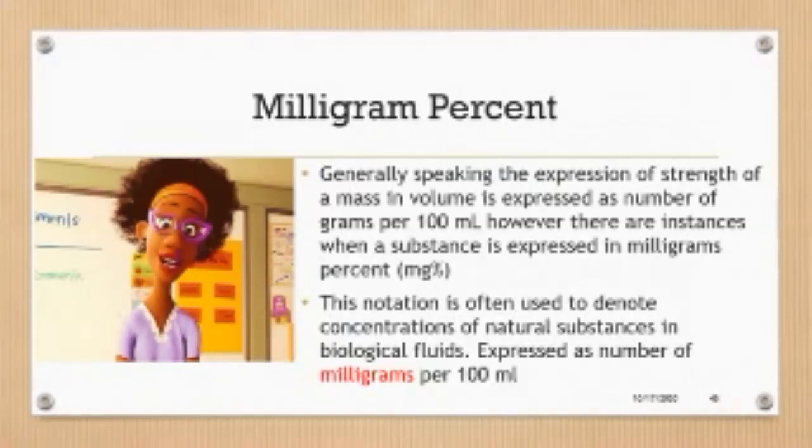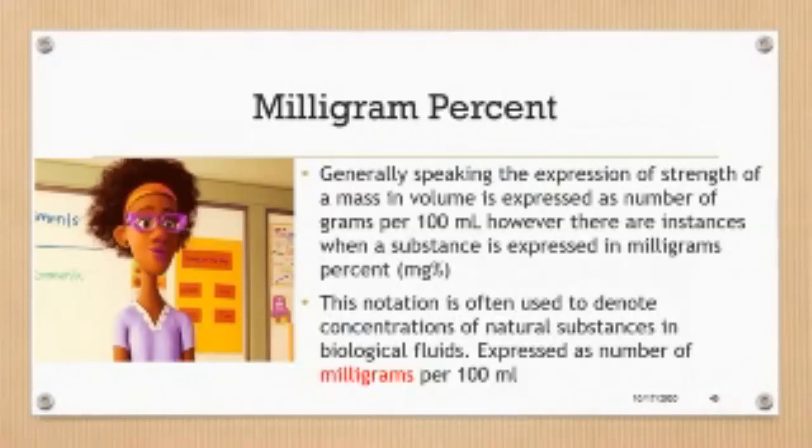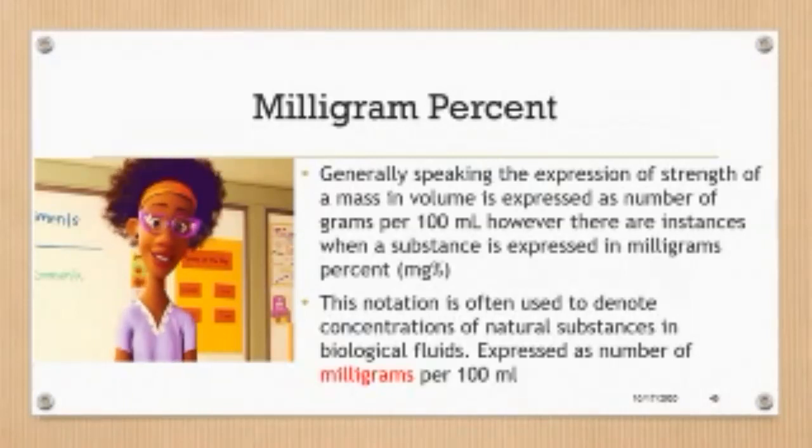Doesn't have to be 100. It can be 1 in 50 or 1 in 1,000 or 1 in 10, or you may even see it as 2 in 10. Might not be in the simplest form, and you may need to put it in the simplest form. So that should not be a problem. You just need to practice.